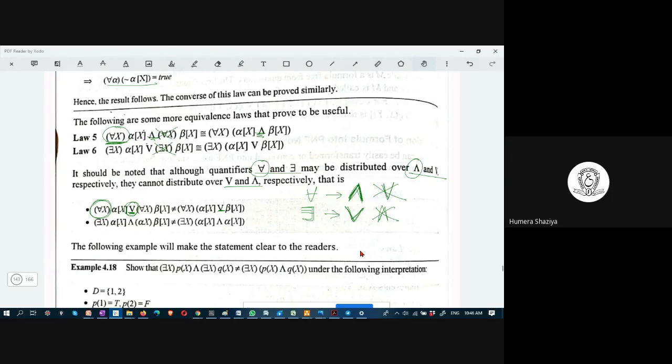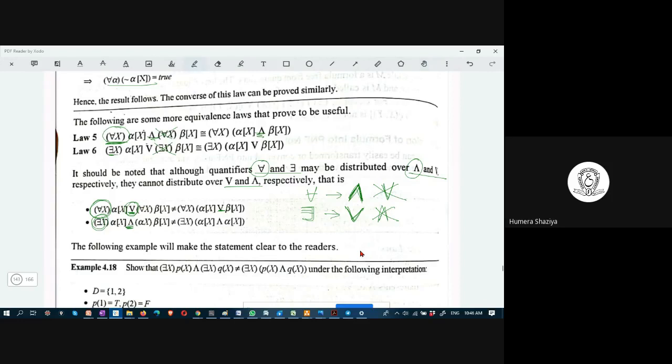This is not equal. Both are not equal because there is an or symbol. And for all quantifier cannot be distributed over or symbol. There exists quantifier cannot be distributed over and operator, but it can be for or.